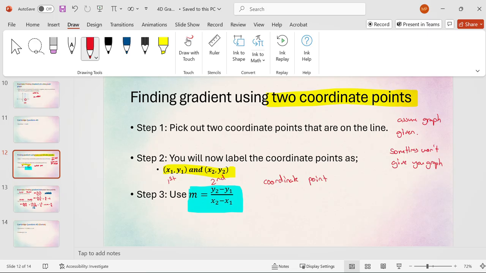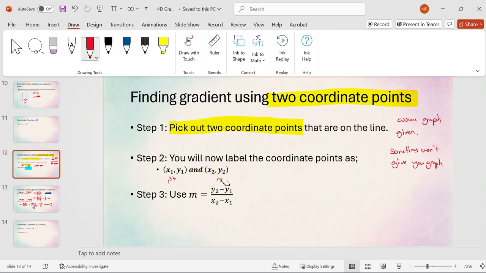Now, if you're a bit stuck and you don't know how to find the gradient, you can use this right here. Since you've picked out two coordinate points, you're going to label them as x1, y1 and x2, y2. If you're wondering, they just mean the first coordinate point and the second coordinate point that you pick.